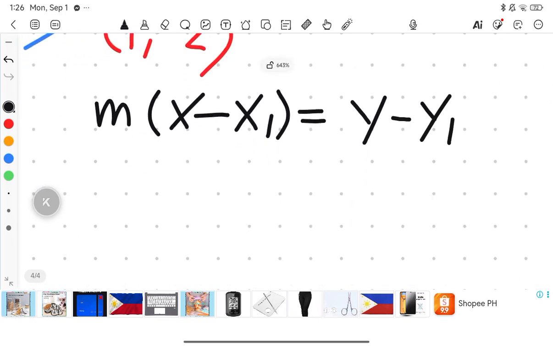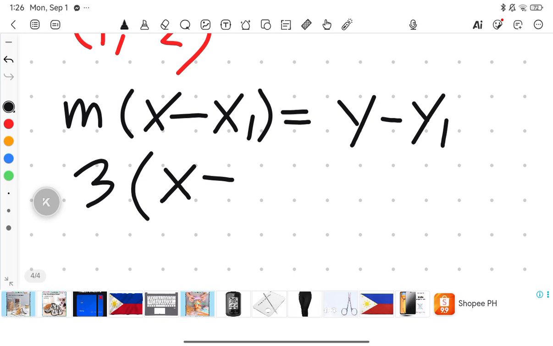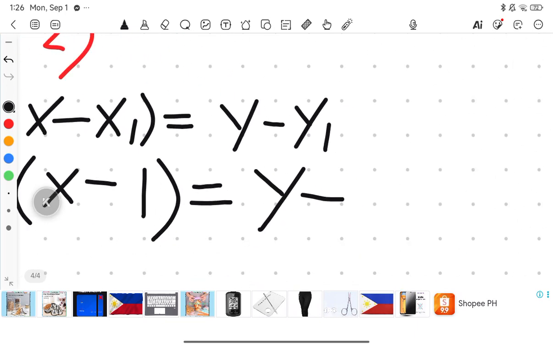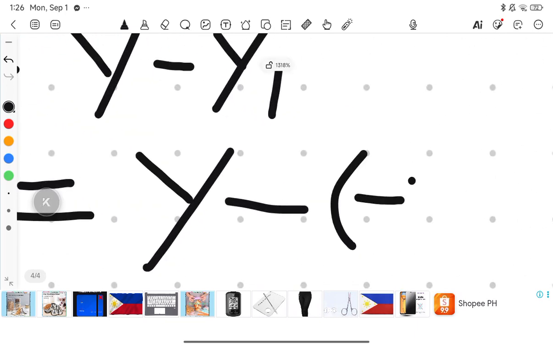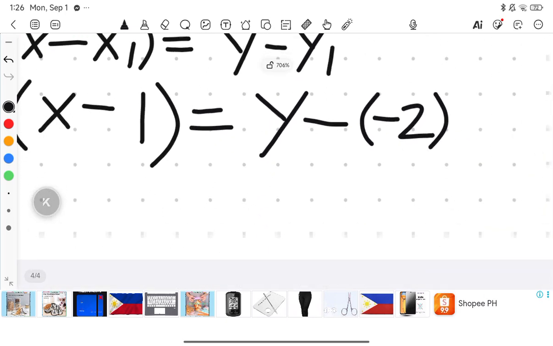Substitution lang ito guys, where m is 3. X is a variable, so you don't have to find it. Andyan lang siya. And then, x1, 1. Tapos, y minus, ang y1 natin, negative 2. So, you will have negative 2 as your y1.